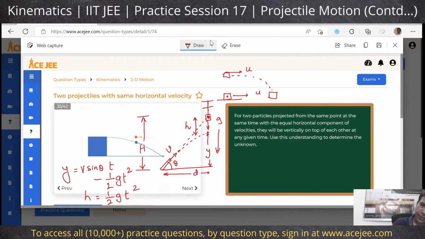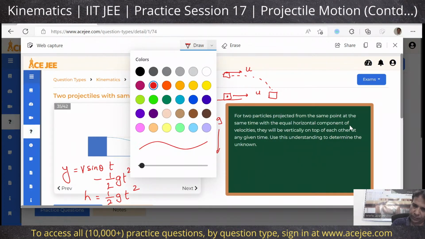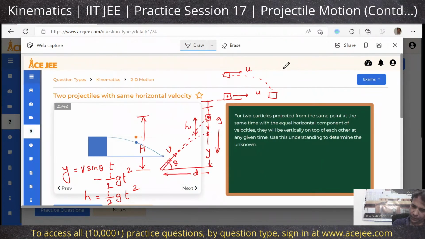So any ideas on how to proceed further from here to make that conclusion? What are we trying to prove? That y plus h will be equal to capital H as long as v cos theta into t is equal to this distance d.